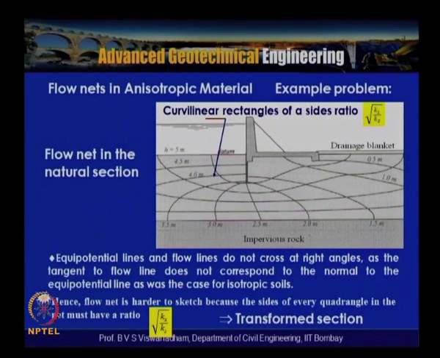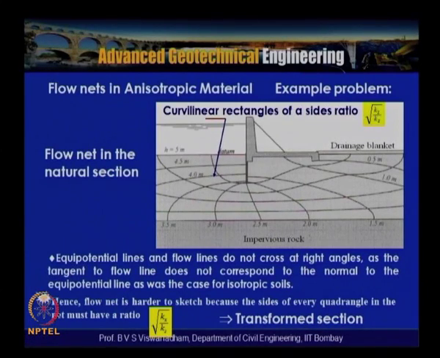So the flow net is harder to sketch in this case, because the sides of every quadrangle must have a ratio of root over Kx by Kz. So this is a type of problem where we cannot comfortably sketch the flow net.